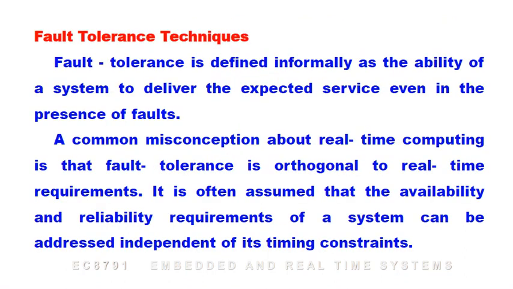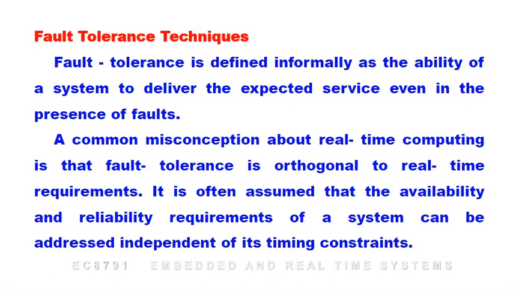Fault tolerance is defined informally as the ability of a system to deliver the expected service even in the presence of fault. A common misconception about real-time computing is that fault tolerance is orthogonal to real-time requirements.